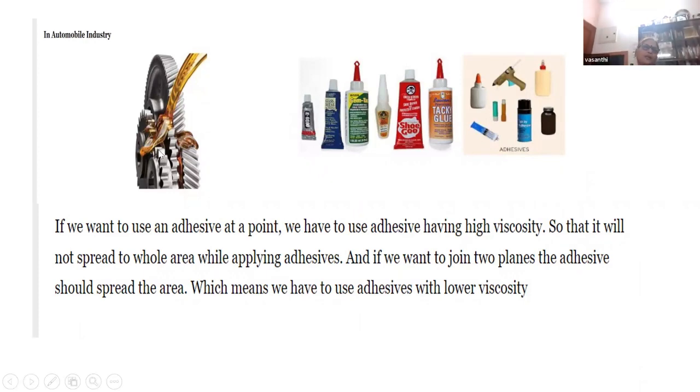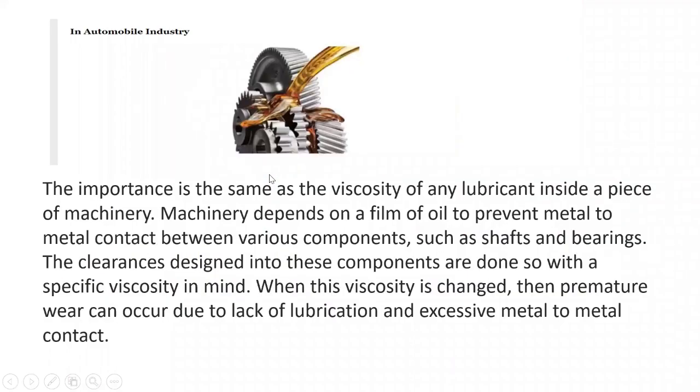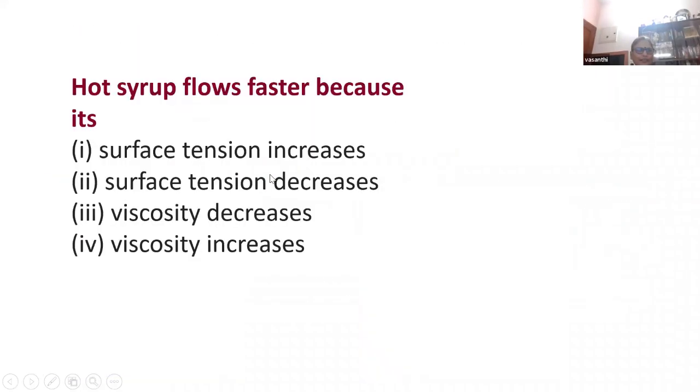So now do you use the same viscous liquid during winter and summer? Whatever lubricant you are using in summer, can I use it in winter or vice versa? Or should I change the type of lubricant? Think about it.